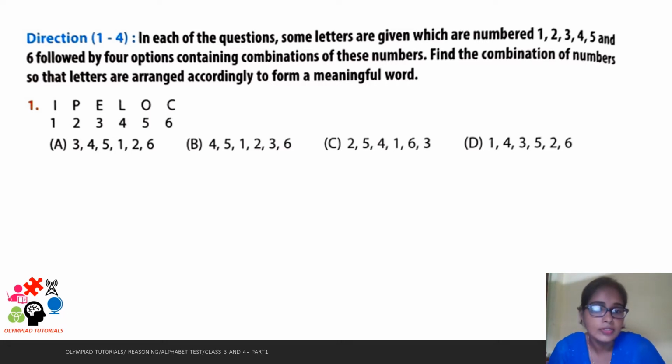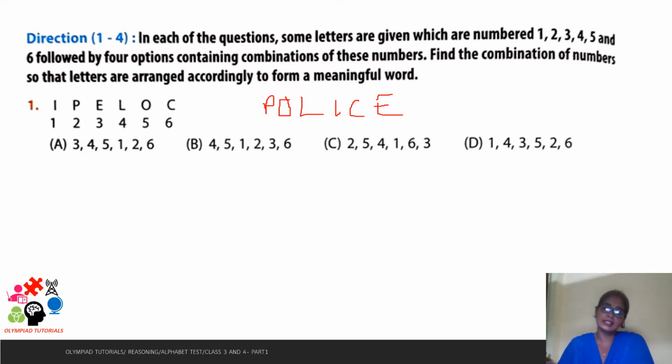So first we'll look at the alphabets and try to form a meaningful word. These kinds of questions are also asked in the English Olympiad, so this can be useful there too. Just by watching it, I can write down police. The answer is going to be police. If just by observing the letters you can frame the word, then well and good.